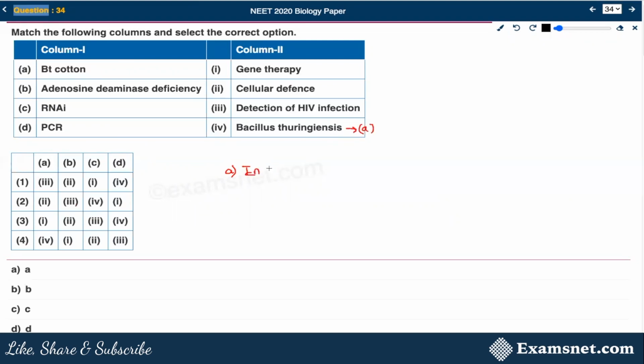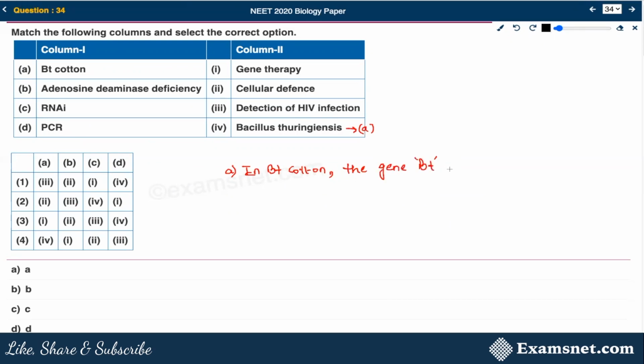So in BT cotton, the gene BT has been isolated from Bacillus thuringiensis only.